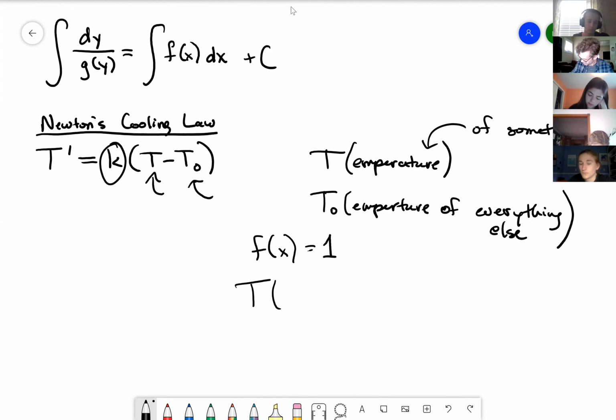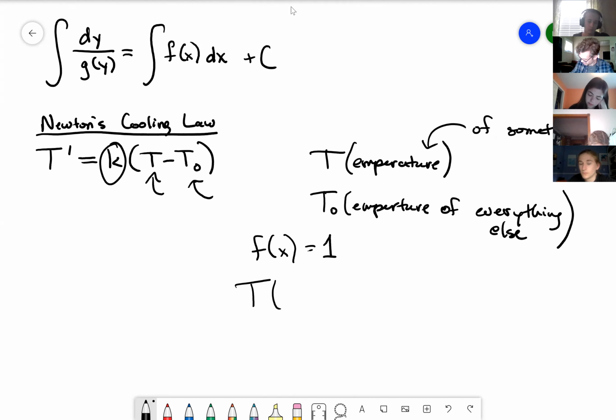And so remember, whenever we are looking at our function of the dependent variable, this will be our g of T and our f of t. Well, we already have that. We wrote that. Our f of t is just 1.